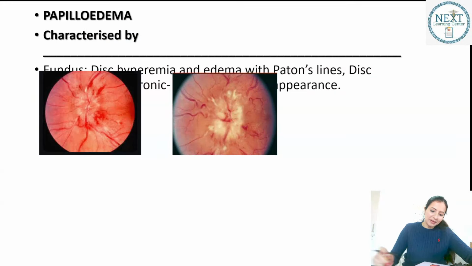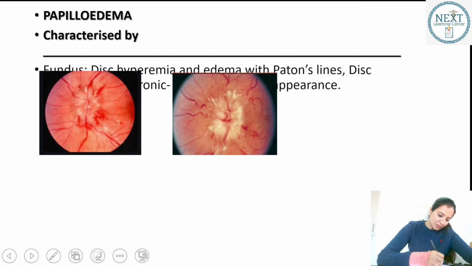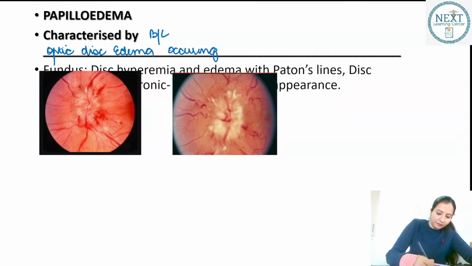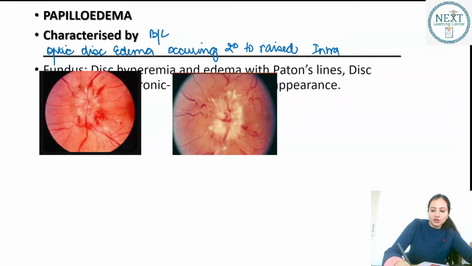Then papilledema. Papilledema is characterized by bilateral optic disc edema that is occurring secondary to raised intracranial pressure. Now, fundus findings are important.